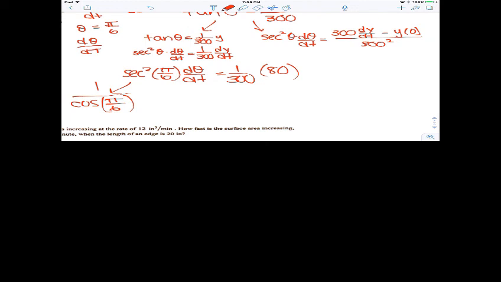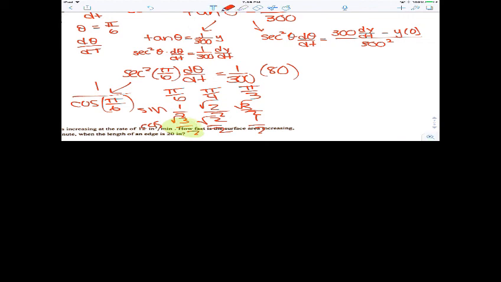So cos pi over 6, remember your chart, 1, 2, 3, 3, 2, 1, all over 2. Square root the tops, and sine and cosine. This is pi over 6, pi over 4, pi over 3. So cosine of pi over 6 is right here. It's radical 3 over 2.